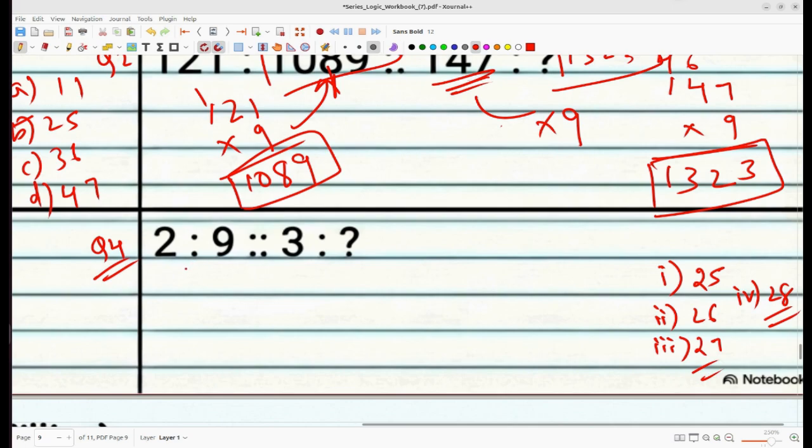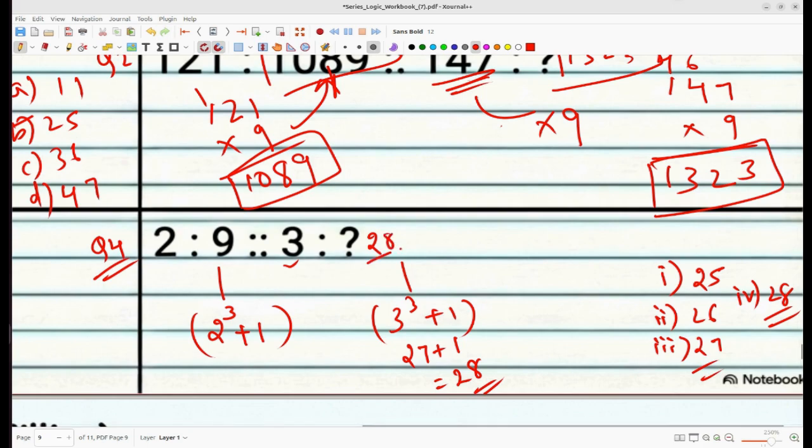Any relationship between these two we have, that we need to identify. 2 square, 2 cube, what will we get? 8 plus 1. 2 cube 8 plus 1 will be 9, right? Similarly, here we have 3. 3 cube plus 1, what will we get? 3 3 ja 9, 9 3 ja 27. 27 plus 1 will be 28. So the answer is 28. Here the fourth option we have, 28, as answer.